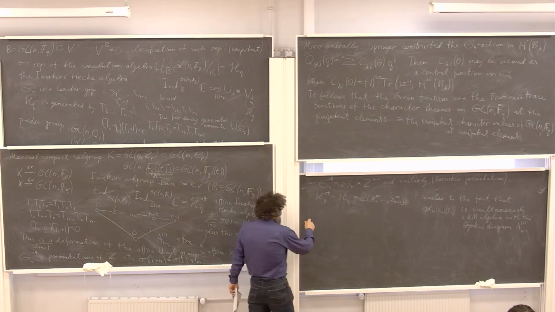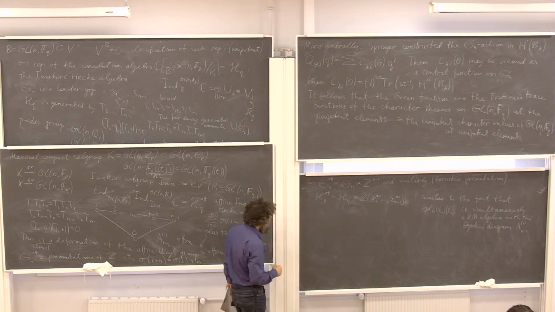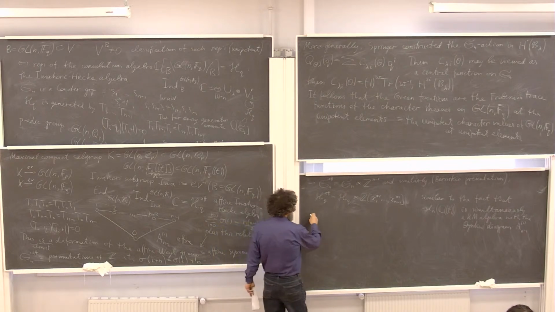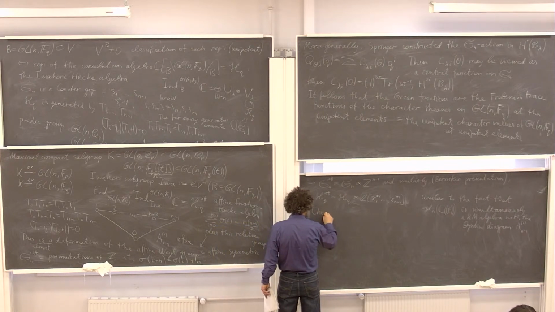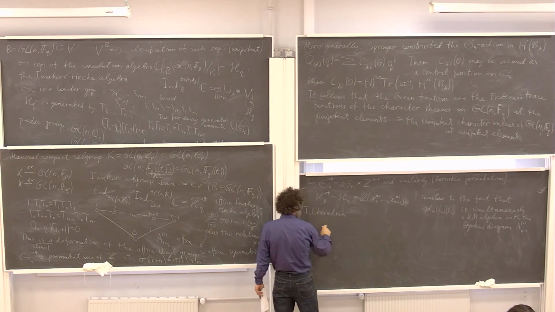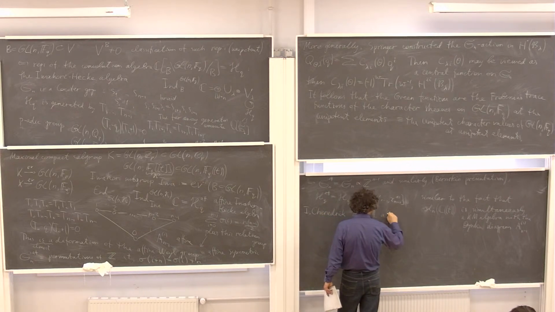And now you can do the same thing once again. So I can consider what is called the Cherednik, Ivan Cherednik, double affine Hecke algebra.